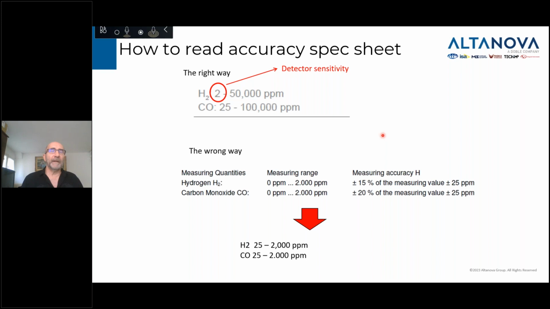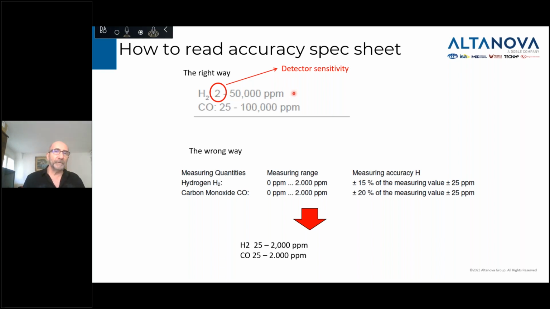Normally, the first thing you have to look at is the measuring range. Usually when you look at the measuring range for a specific gas, like here on hydrogen, you have what we call the low detection limit, which is mostly the detector sensitivity, and the upper range, which is mostly how high you can measure the gas, either with the detector or by diluting the sample so the detector can read much higher, because often a detector cannot reach from 2 to 50,000 ppm or 100,000 ppm.